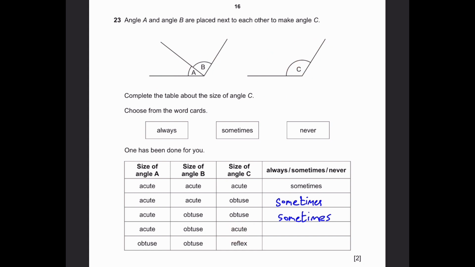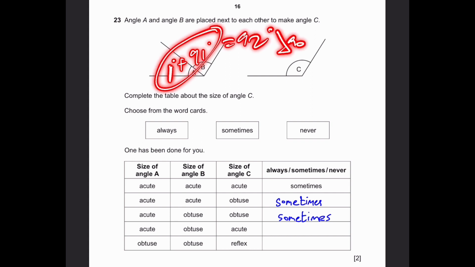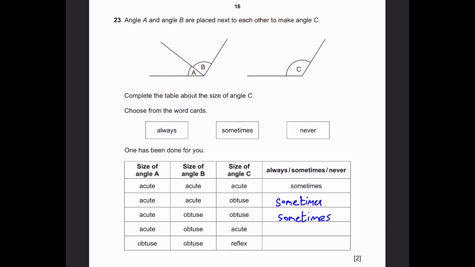Because 91 degrees is the smallest obtuse angle. 1 degree is the smallest acute angle. So we add that up, 1 plus 91. If we get an acute angle, that means it's sometimes. If we don't, that means it's never. So this will be 92 degrees. It's greater than 90. That means this is obtuse and that's angle C. So it can never be acute when angle A is acute and angle B is obtuse.